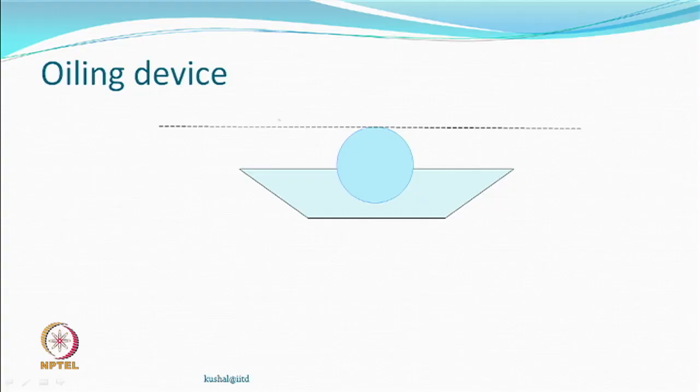In case you are not using a thermoplastic yarn at all, then you do not need to use this. You can always bypass it or just let it be there. So, that is the only reason why you may like to use the same type of oiling device, which works on the kiss roll principle.